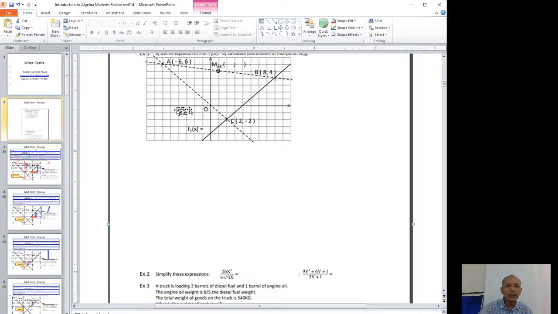So 6 to the left and 6 upward, it means y positive, x negative. So you don't need to draw anything.